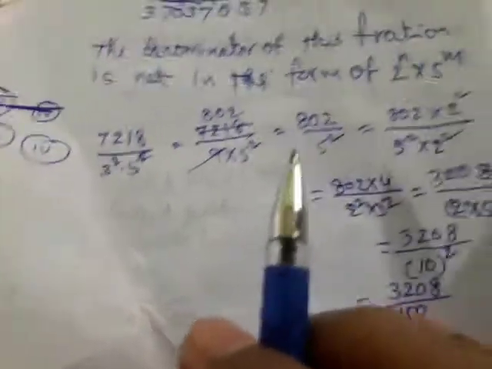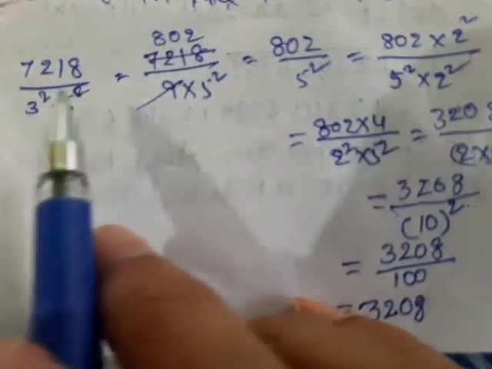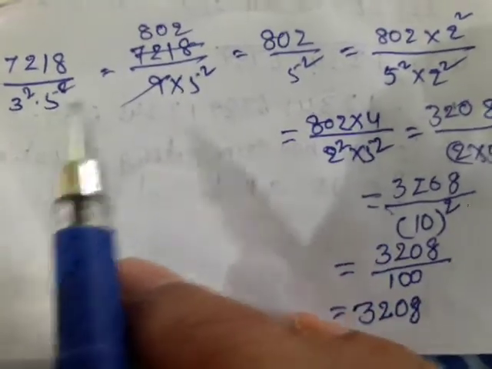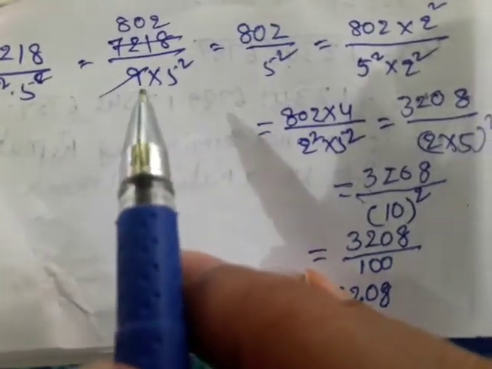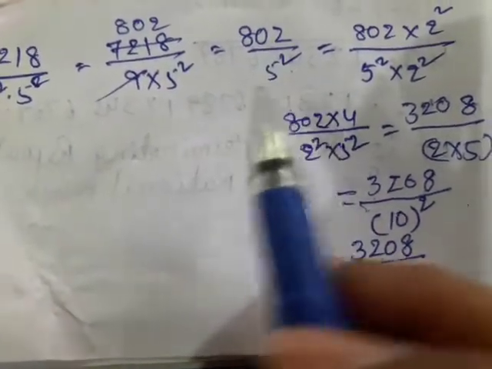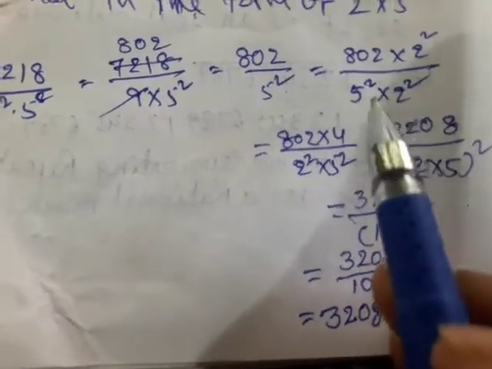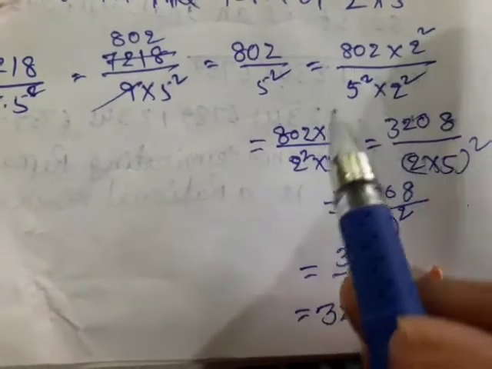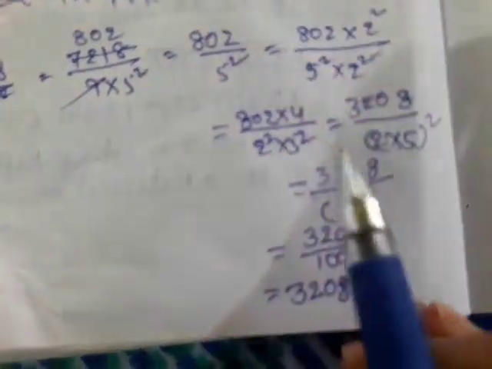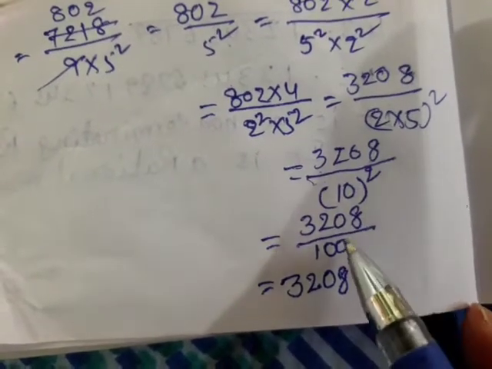So you understood what mistake I made in the above sum. Here it is not in the form of 2 to the power of n into 5 to the power of m. So to make it that form, cancel by 9 and you will get this one. To make it a power of 10, you multiply both numerator and denominator with 2 square, because 5 into 2 is 10, and 2 square means 4. Then you get the form 2 to the power of n 5 to the power of m. The denominator will be 10 square, that is 100.